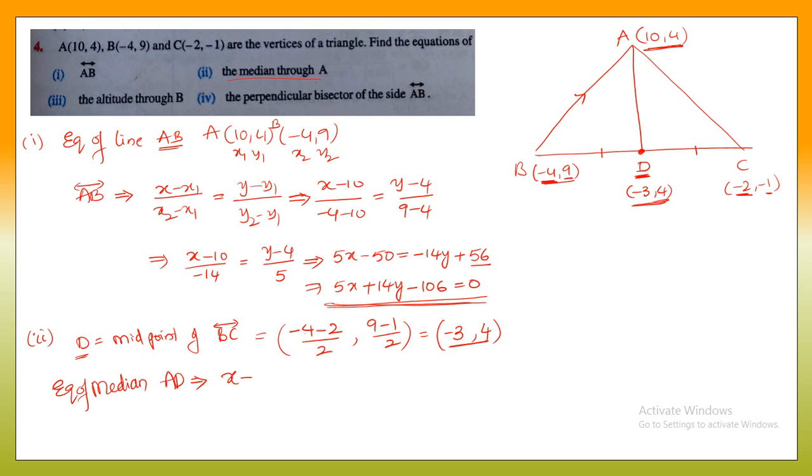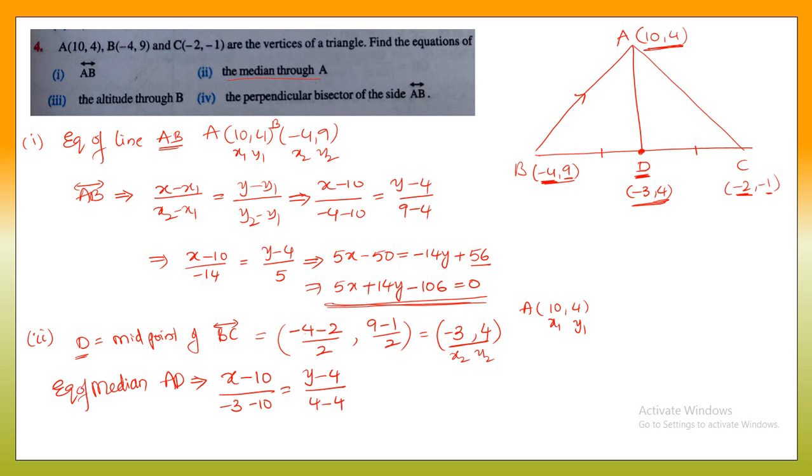Point D becomes (x2, y2) and the given point A, (10, 4), becomes (x1, y1).